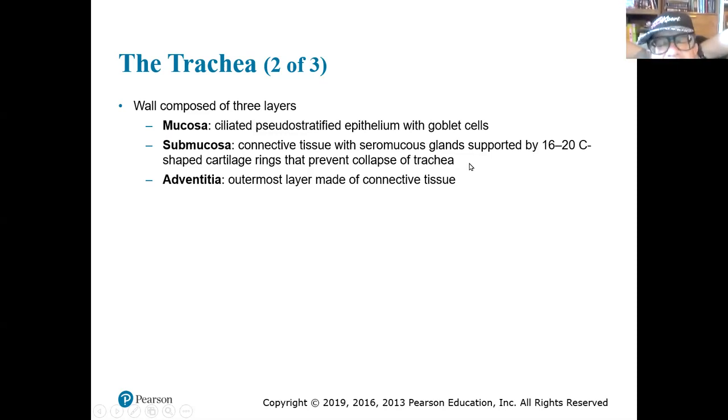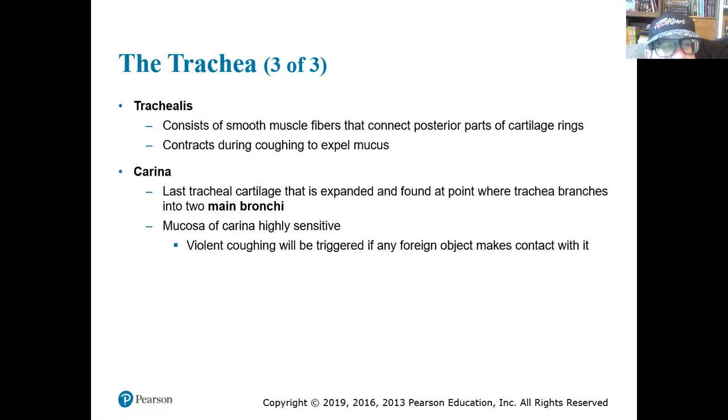The adventitia, and you're going to see this term again and again in anatomy, is the outer layer that is all connective tissue. If we say that's adventitia, that's connective tissue anchoring the organ in place, making sure it doesn't change its location relative to what the other organs are doing.